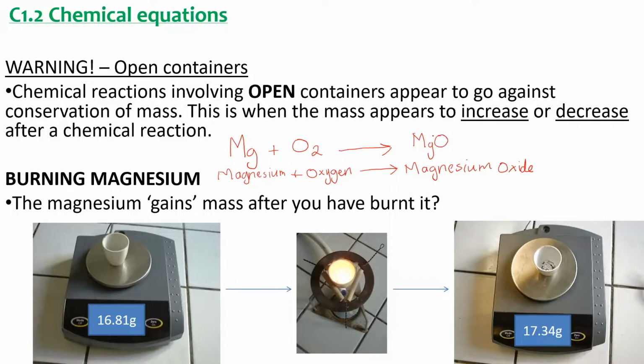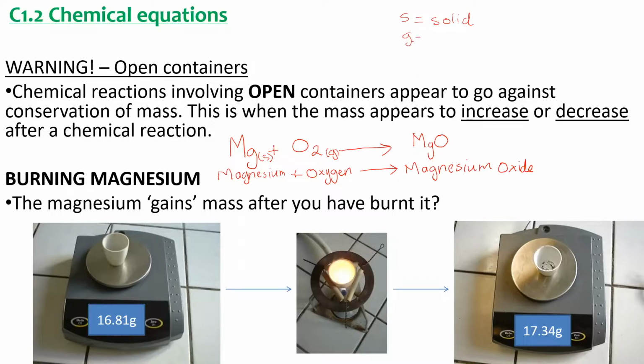Now we're going to start introducing state symbols. Magnesium is a metal, it's a solid, so S for solid. Just be careful to write it as a small s at the bottom, like I just wrote it. Oxygen we know is a gas, so G for gas. Quite straightforward, isn't it?